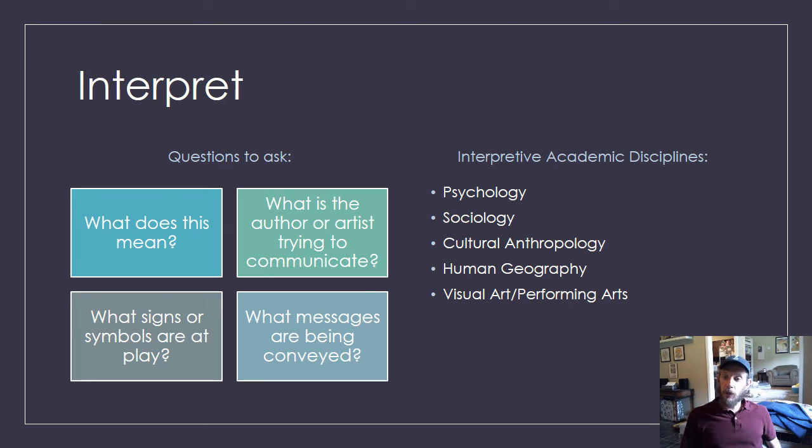People performing a play or even filming a movie, yes, there are the lines on the page that I could read, but how do you act those lines? What motivation do you bring to it? That's all interpretive. Or we can look back at either of those symbols and look at the patterns that they represent.